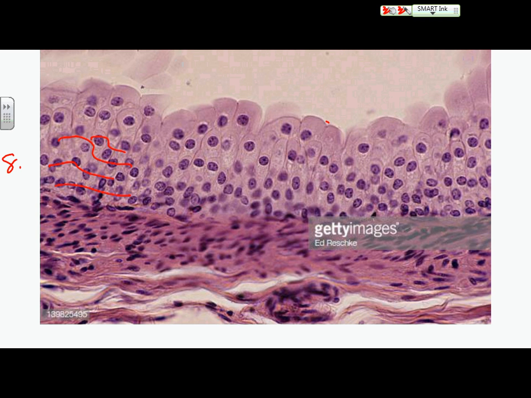But when I look at the surface here, I do not see the cilia up at the top. So this is tricky. The only one I could think that this could be for number 8 is the transitional. Transitional can be tough. We kind of think of it as many layers of cube-shaped cells, but the thing about transitional is that it can stretch, so the shape of those cells actually changes. But if you see something with all these nuclei at different levels, without a surface feature, no cilia on it, then this is going to be our transitional.